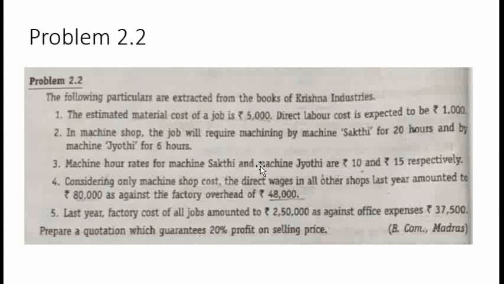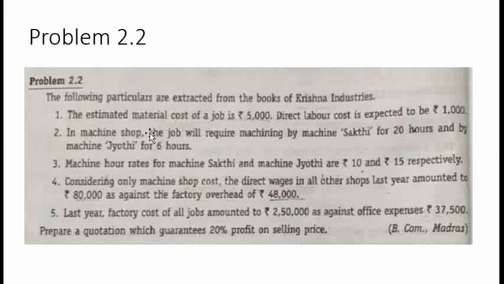Before getting to the problem, I will explain what the points are. The estimated material cost of the job is 5,000. So this is your direct material. How much is it? 5,000. Then they've given you direct labor, which is 1,000. After this, you will add both and get your prime cost.